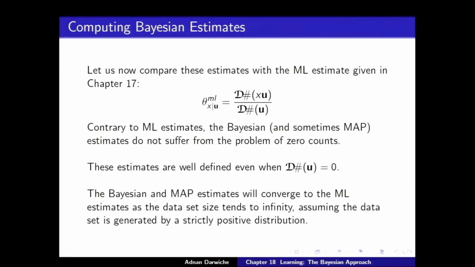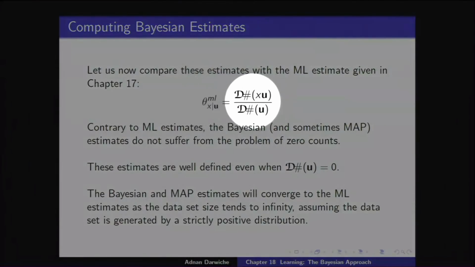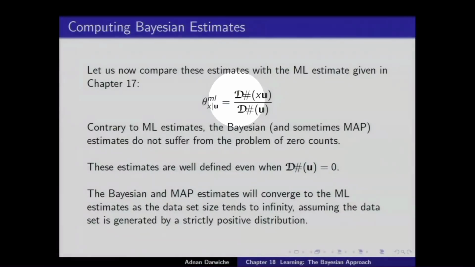One observation is what we talked about before, that these maximum likelihood estimates suffer from what people call the problem of zero counts. That is, you may look in your data set and you may find that this parent instantiation doesn't appear anywhere. So this is a 0, then this is not defined. And if you recall when we mentioned this last time, we said when you do the Bayesian approach, that problem doesn't surface.